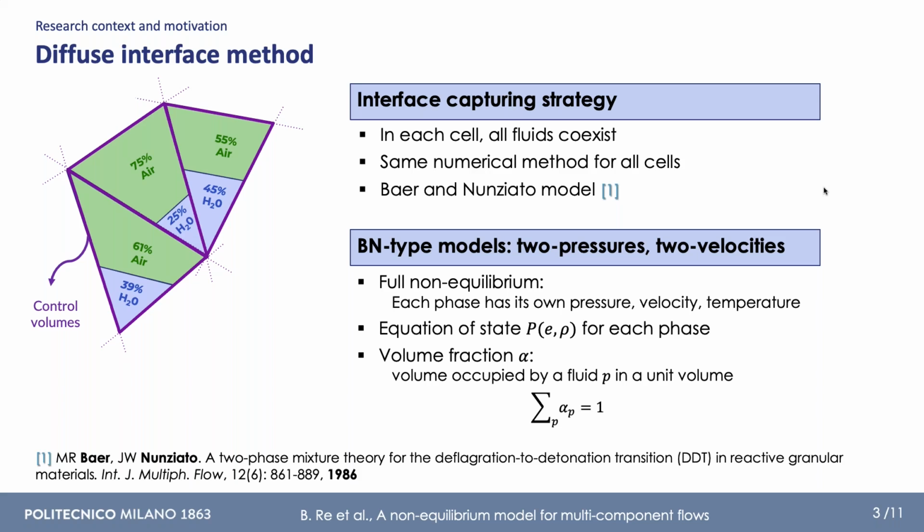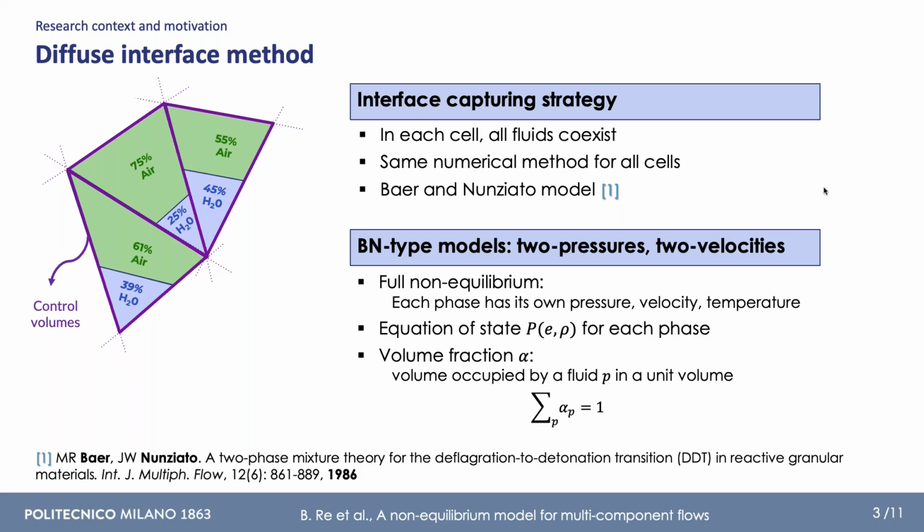These models are also called full non-equilibrium because each phase is described with its own pressure, temperature, and energy. In this way, we can use a full thermodynamic model for each phase. So if we have two phases, we have two full thermodynamic models describing the single component, and we don't need an equation of state for the mixture.